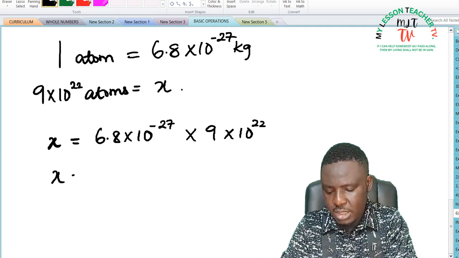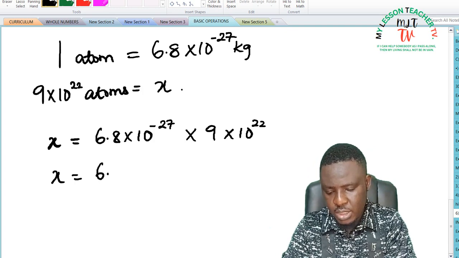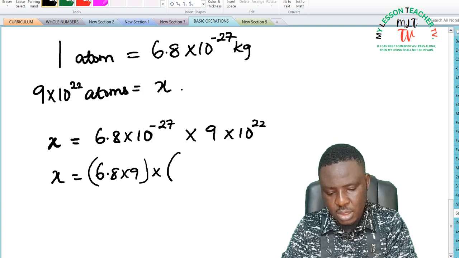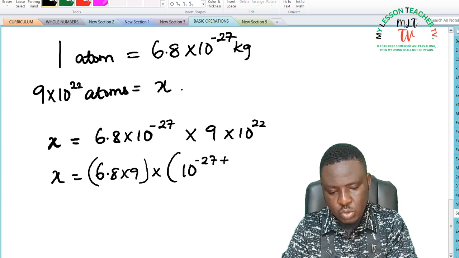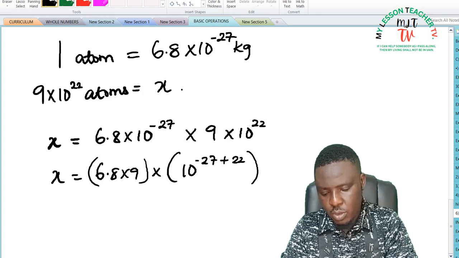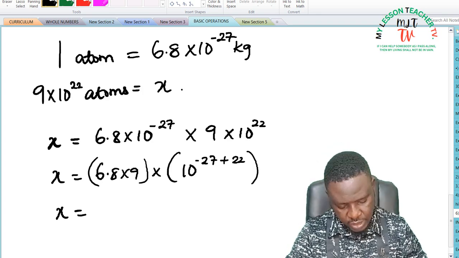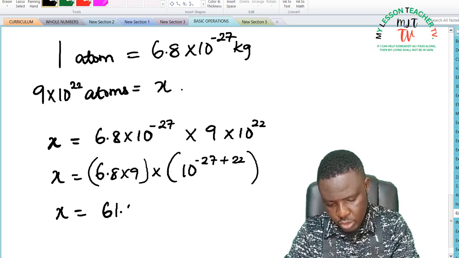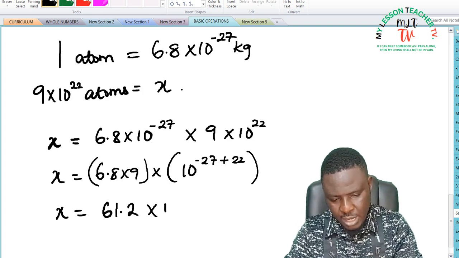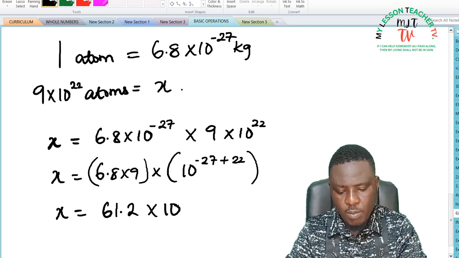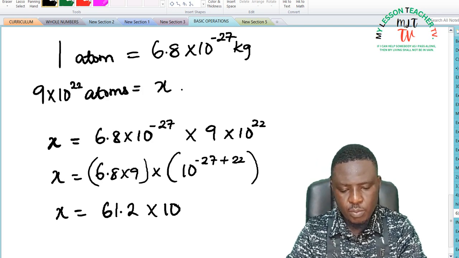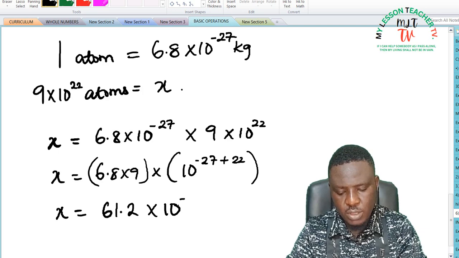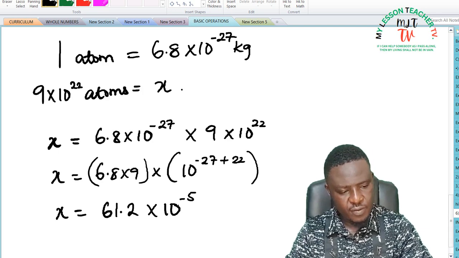So that x is equal to 6.8 times 9 times 10 raised to the power of minus 27 plus 22. 6.8 times 9 is 61.2. This will be times 10 raised to the power of minus 27 plus 22, which gives us minus 5.